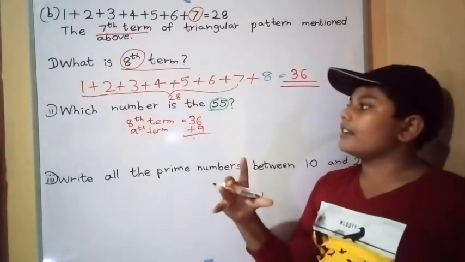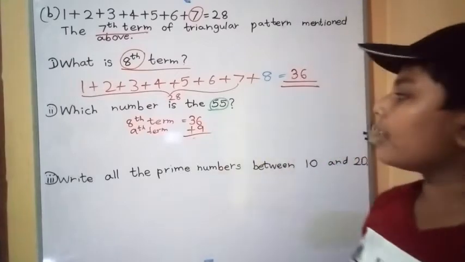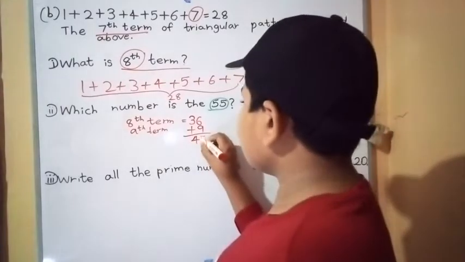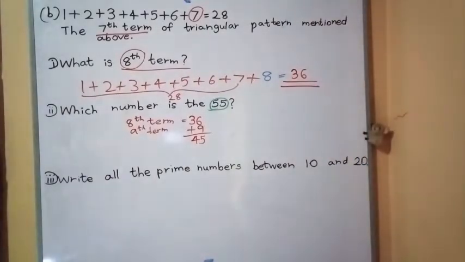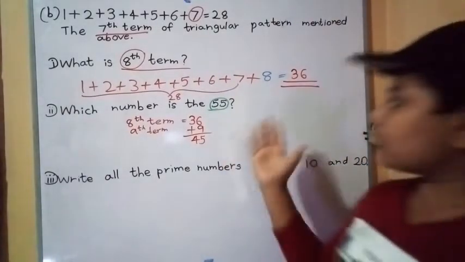You want to add all of them, right? Now this is easy, 45. Now, you know the 8th term is 36, not the 55.